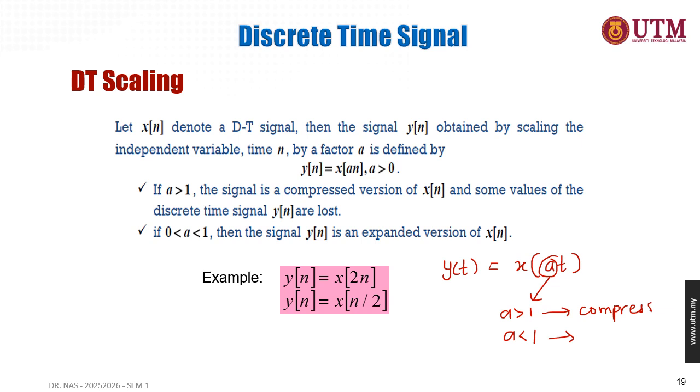If a is less than 1, the signal will be expanded in t. The same goes for n. If a is larger than 1, the signal will be compressed in n. If in this case it is 0.5n, which is less than 1, the signal will be expanded by the scaling factor.